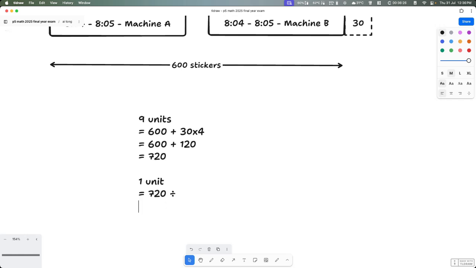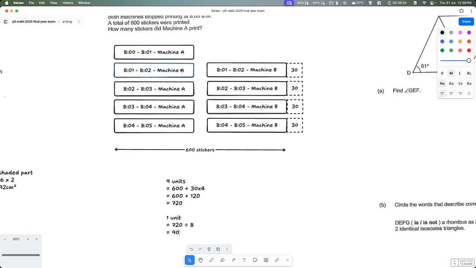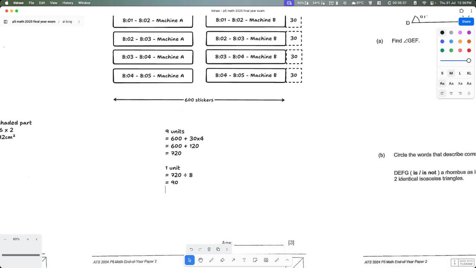And then we divide it by 9. 720 divided by 9 gives you 80. So in this case, how many stickers did machine A print? 1, 2, 3, 4, 5, so machine A is equal to 5 units.